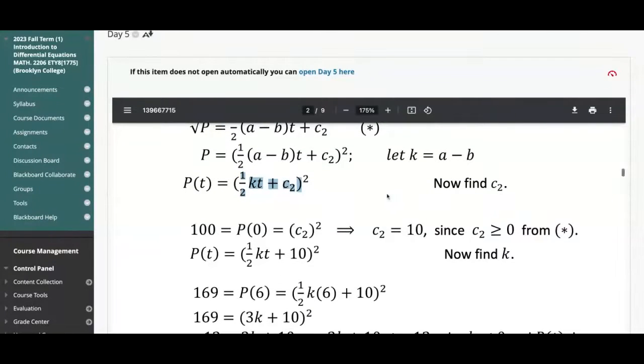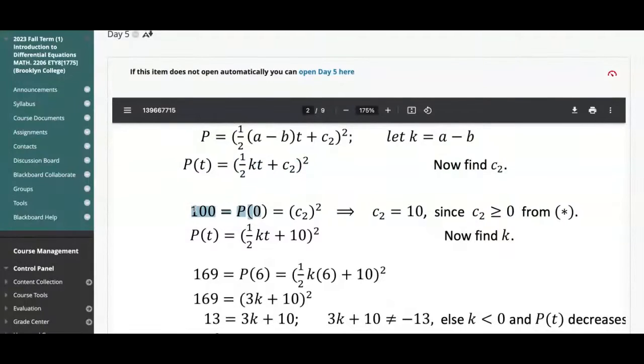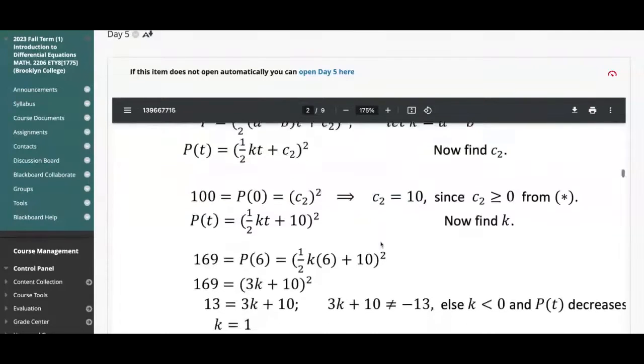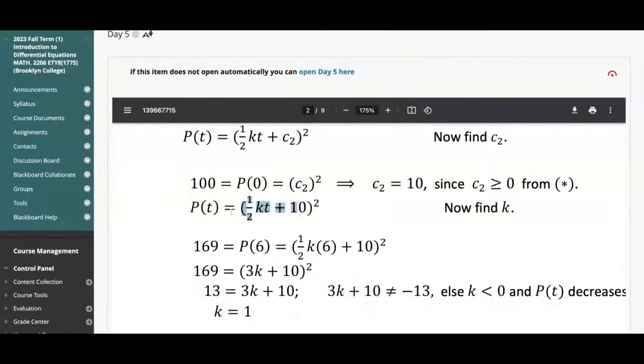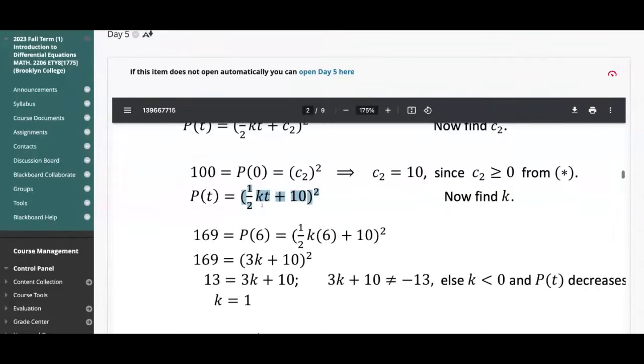Now we want to find our constants. We use the initial condition: at time 0, we have 100. We get C2 equals 10. We plug in 10 for the constant term. We get a quadratic function. But we need to find the K because our population function is in terms of t.